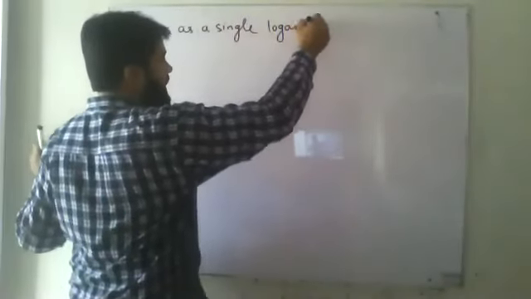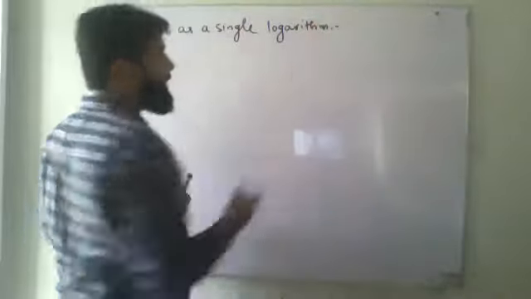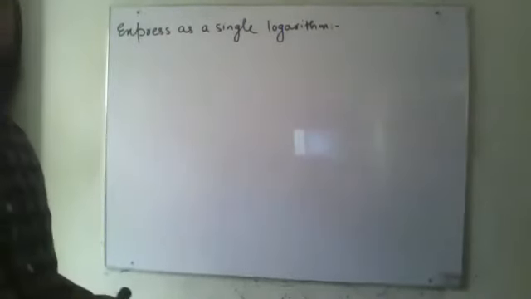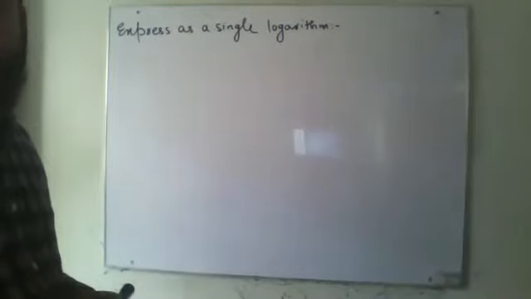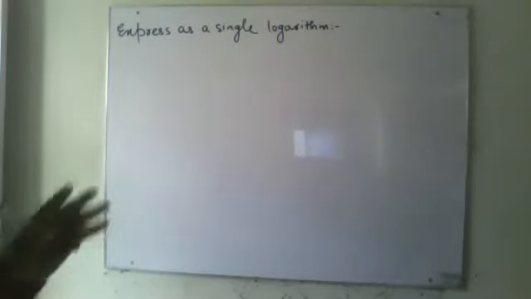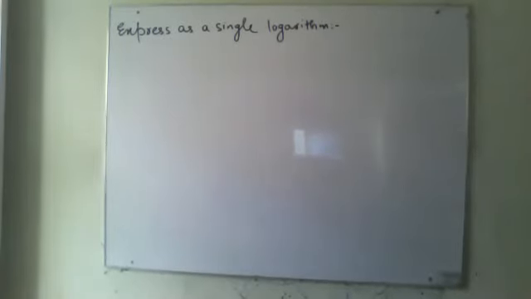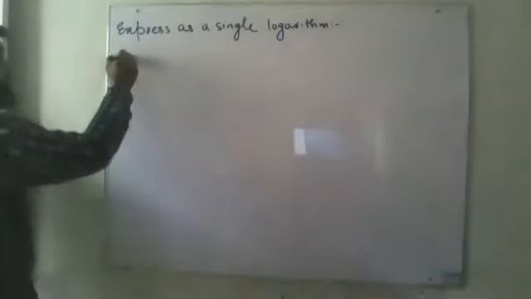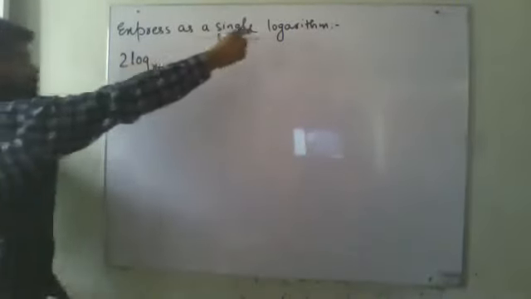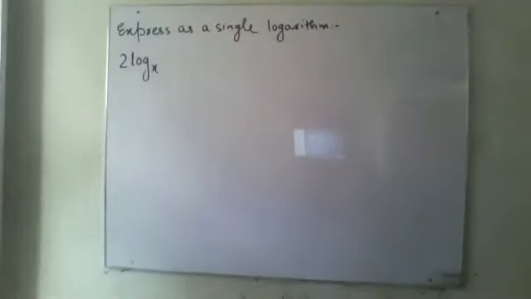Okay, so more than 1 log will be given, and we have to solve it in such a way that only one log remains, and the rest are gone. They are not saying evaluate over here, so I'm not going to do any evaluation. I'm just going to solve it to make it a single log over here. That's the only thing I'm going to do.